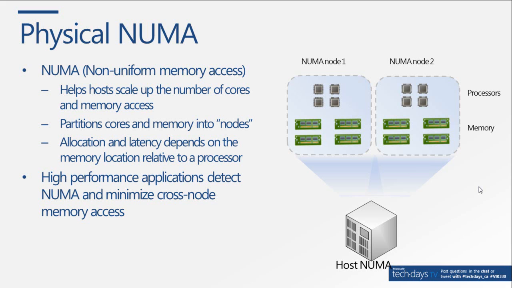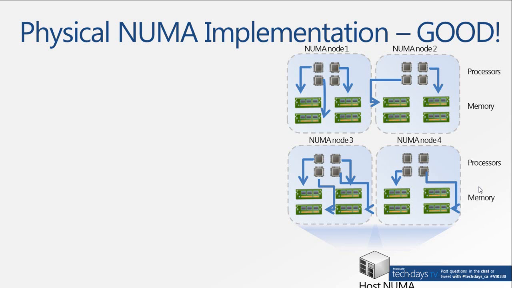High performance applications like SQL Server, as well as Windows Server, will know that they're running on top of a NUMA architecture, and will try to minimize cross-node memory access and keep all the memory within one particular NUMA node, because that is the most efficient. But there's something really important to understand: the way you populate the memory on the physical motherboard of the computer will have a direct impact on how well your NUMA operations work.